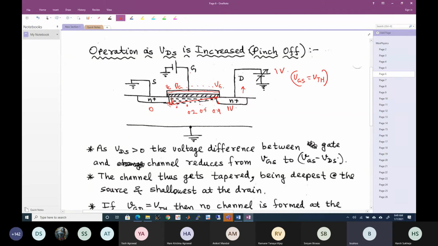So the current stays constant, and whenever a constant current flows between any two terminals, the device is said to behave like a current source between those two terminals. Therefore this MOSFET, after pinch off, is called a voltage controlled current source.